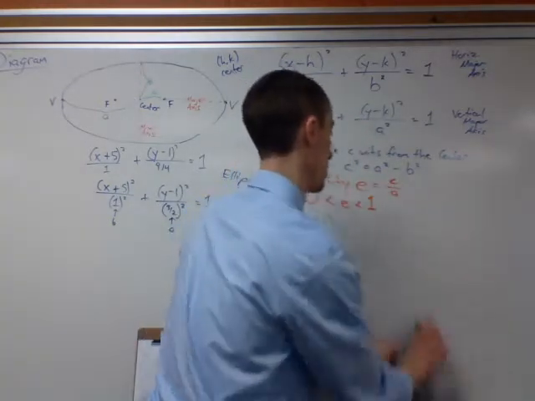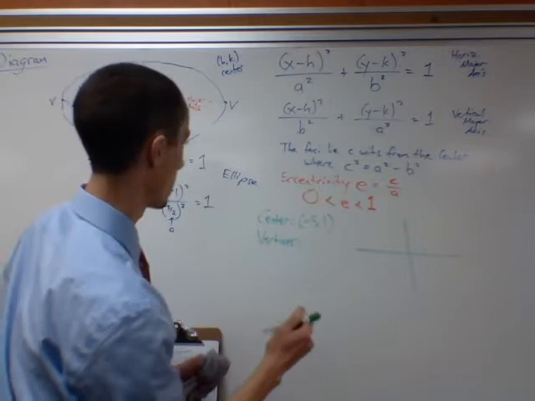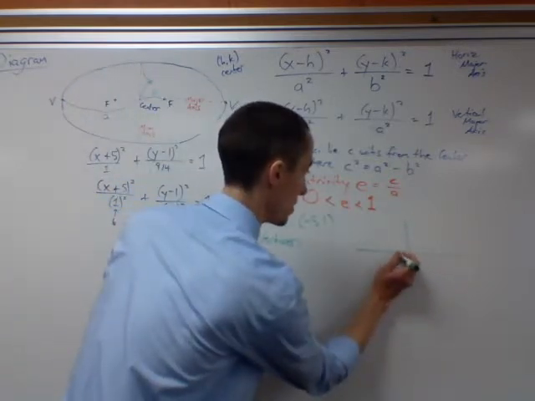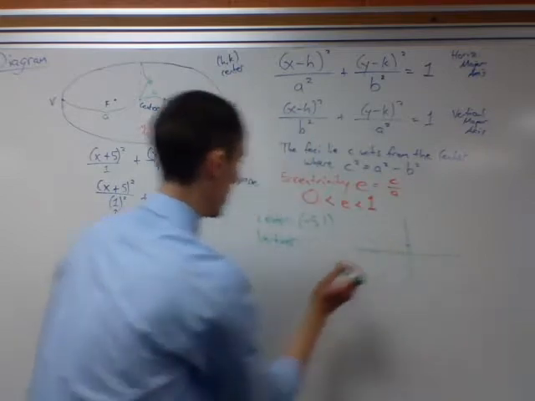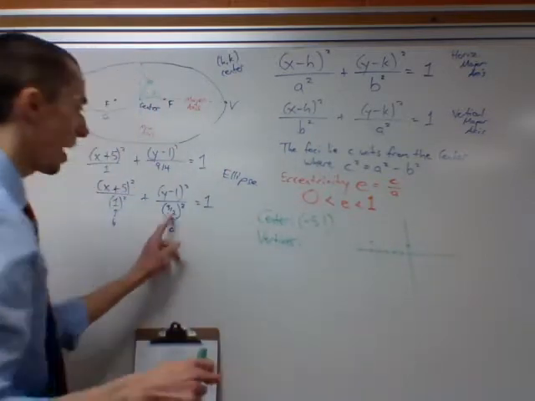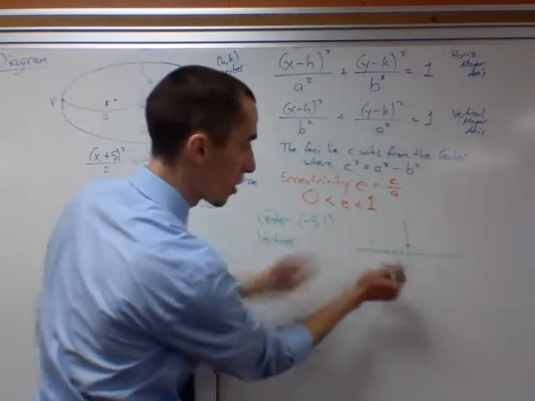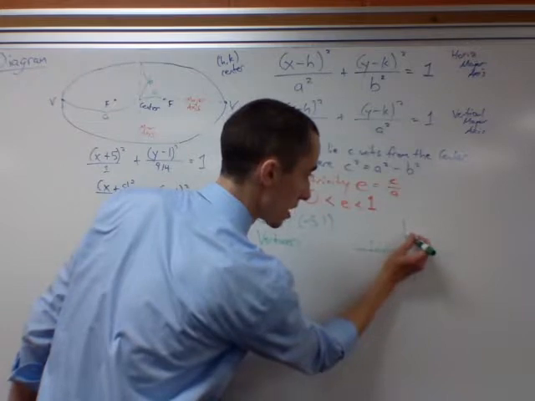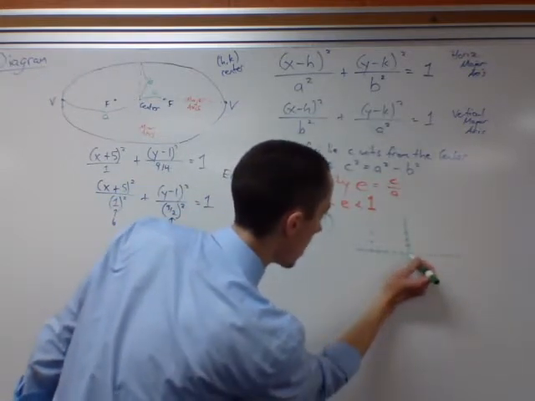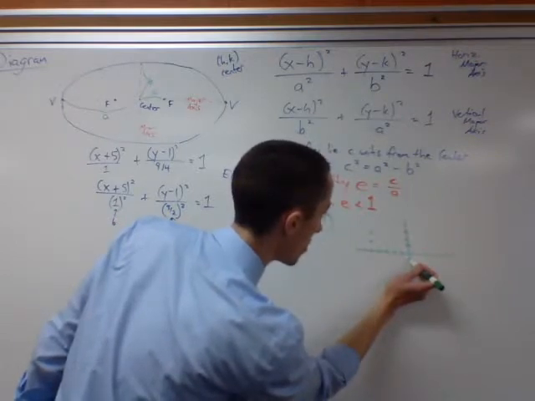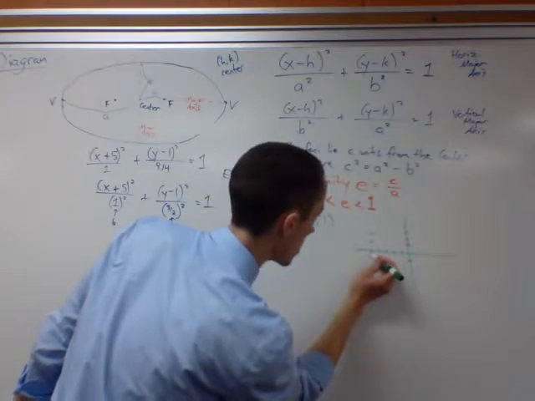Doing a rough sketch, we'll have a center at -5, 1. Our A value is 3/2 or 1.5. So we're going to need to go up 1.5 from it to find a vertex. So it'll be about right there, and down 1.5 from it to get another vertex.